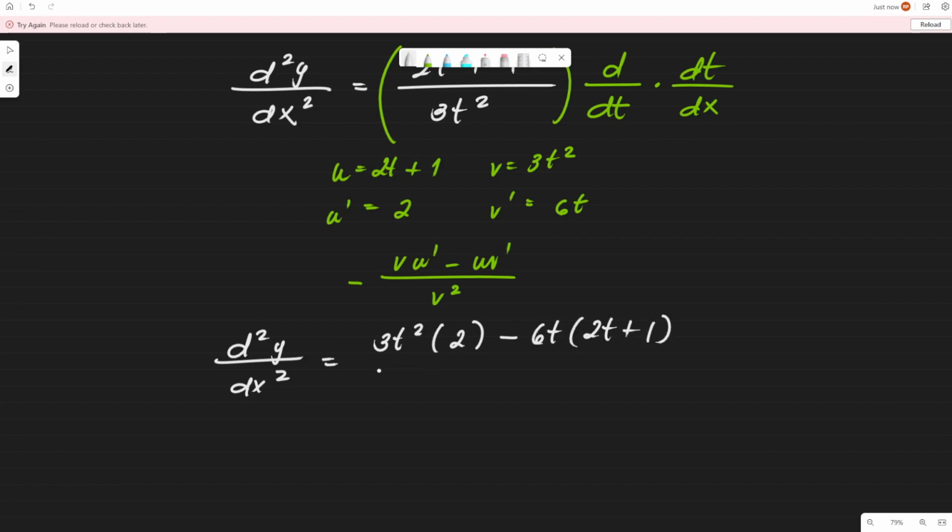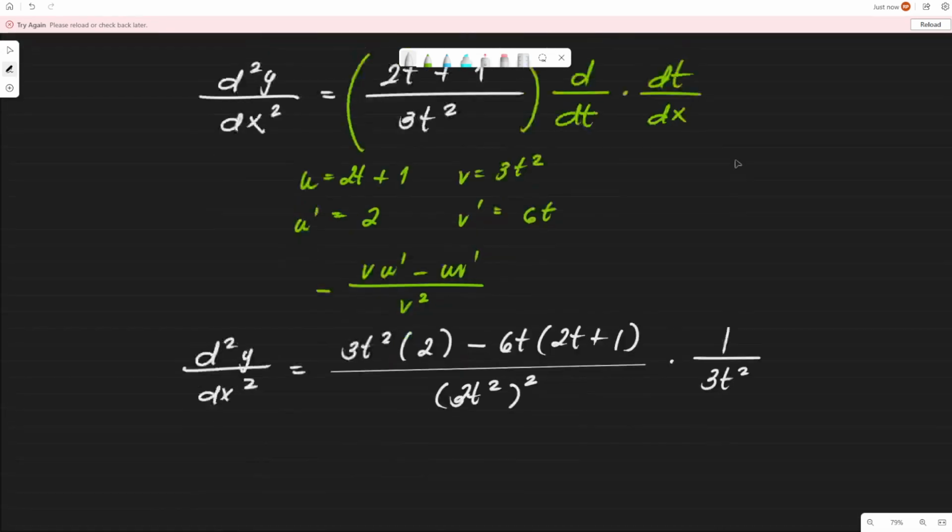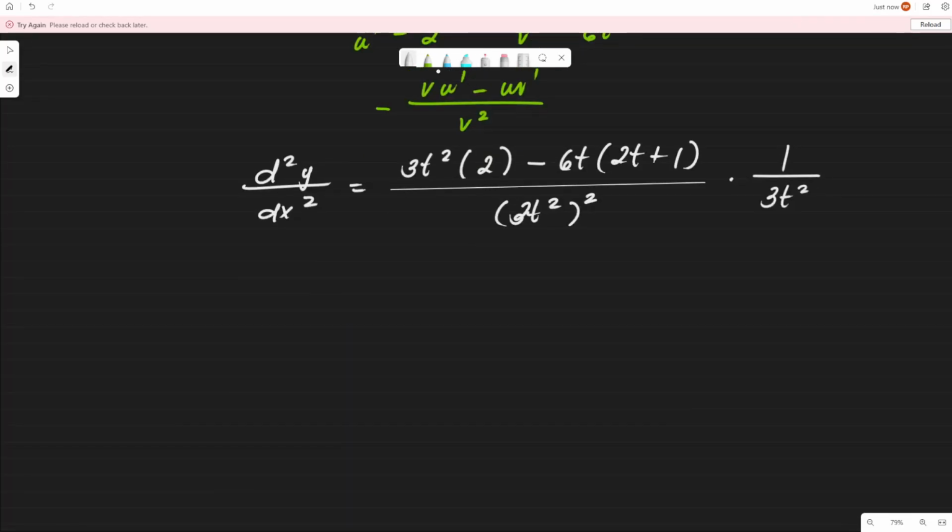Ayan, tama na. All over 3t squared, quantity squared. Times, huwag nyo kakalimutan yung dt over dx, that is 1 over 3t squared. Ayan. Okay, so tama. Okay, so let's simplify, no?